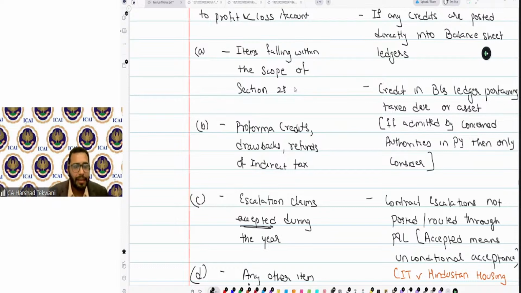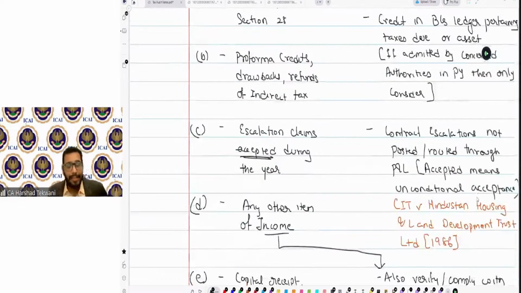Escalation means increase in the price of the raw material or some factors that are very critical to the project. Okay. As a result, if you have put an escalation claim in front of your customer, and that has been accepted unconditionally, means there is no condition with respect to the acceptance, no dispute, no negotiation, everything has been done and it has been accepted, that escalation claim is required to be reported.